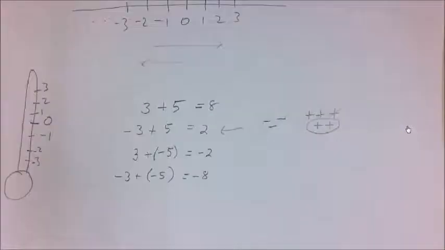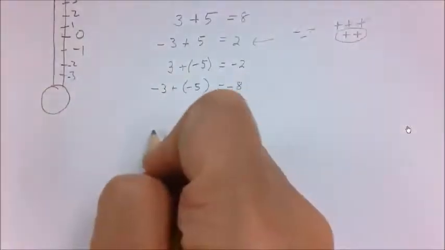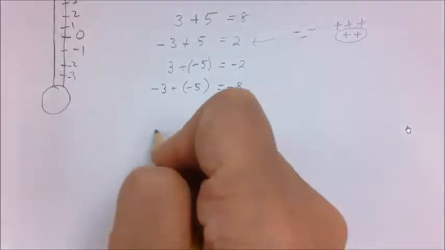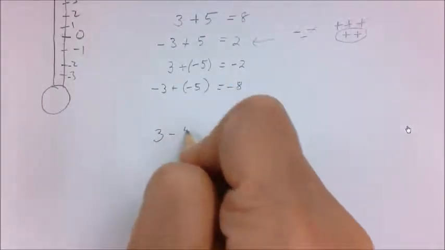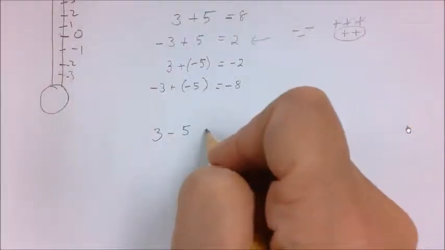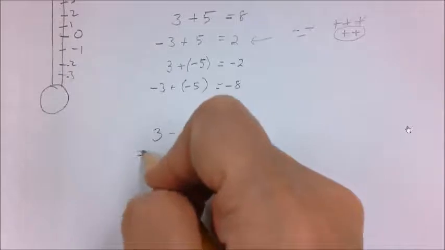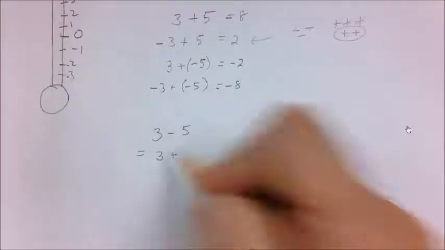All right, let's look at subtraction. Subtraction is actually not that difficult. Think of subtraction as adding the opposite. When you subtract, you're adding the opposite thing. So 3 minus 5 is really the same as 3 plus the opposite of 5. What's the opposite of 5?